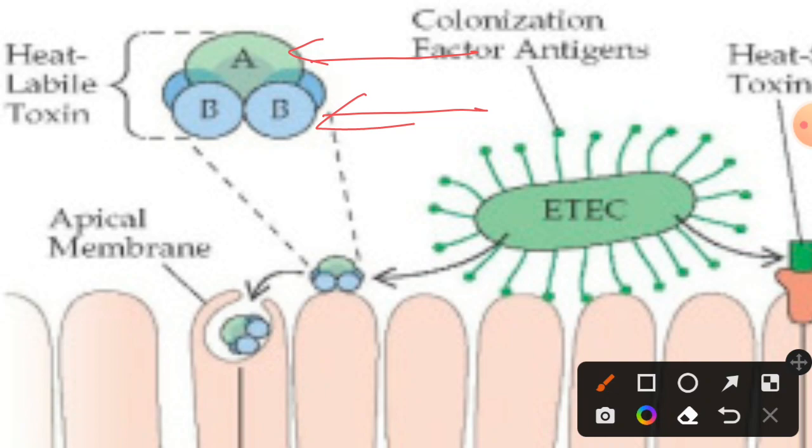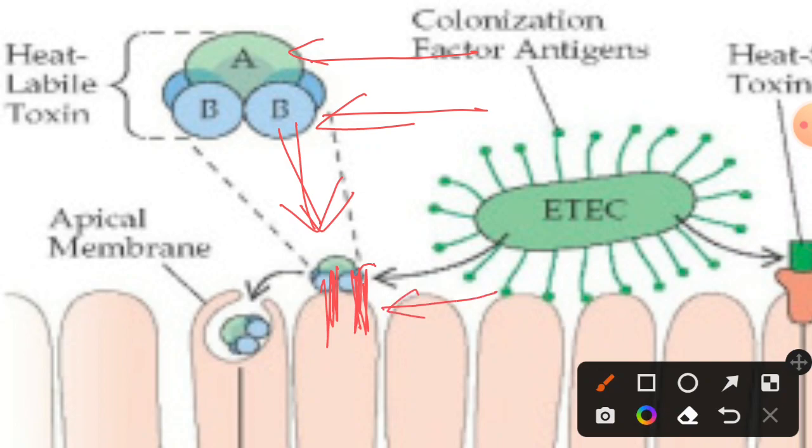B subunits are of higher molecular weight than the A subunit. This AB type toxin will bind with a specific type of receptor present on the intestinal epithelial cell. Remember that the target of ETEC is the intestinal epithelial cell.